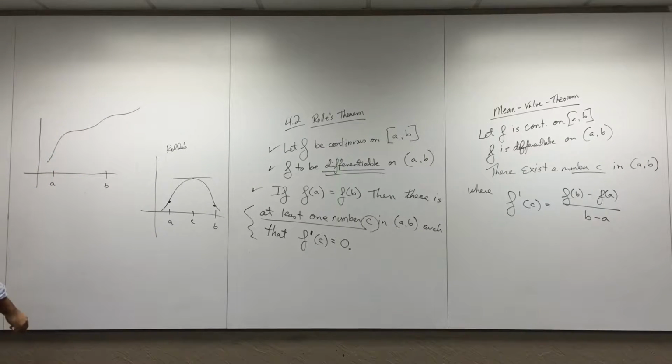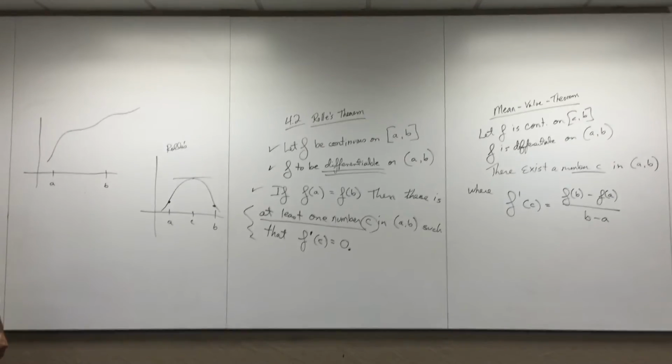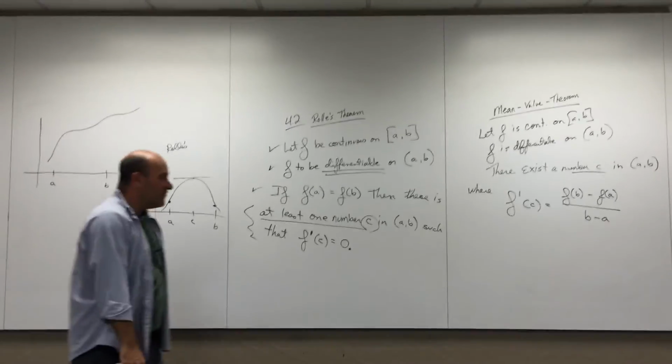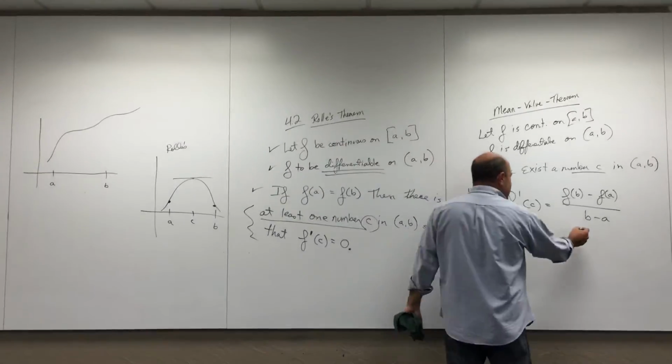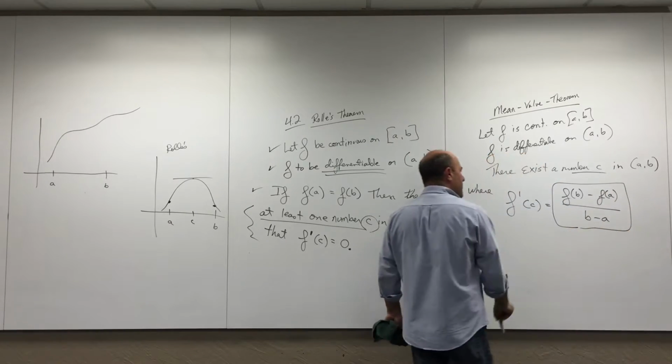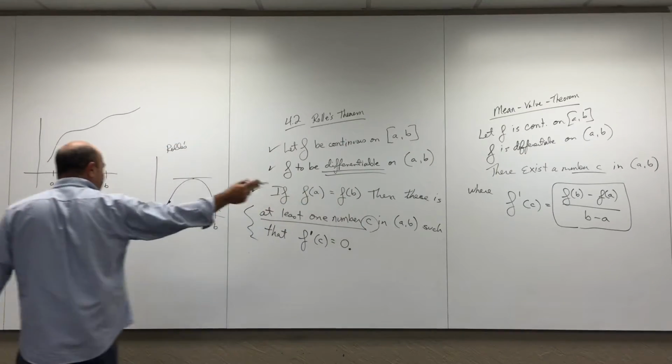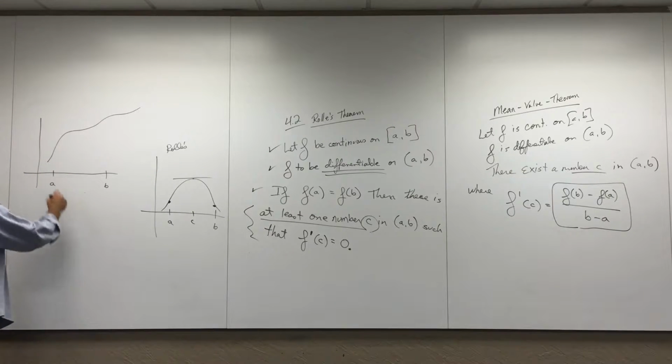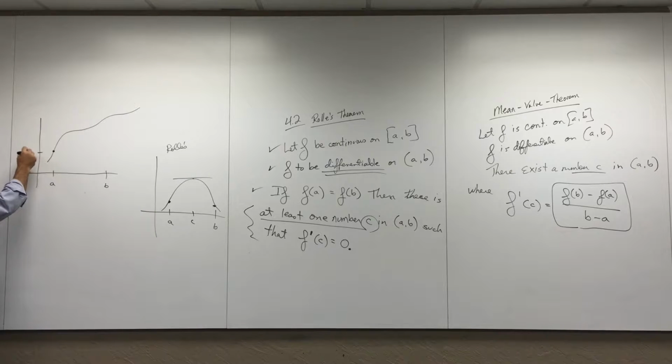And then what does it say? First of all, what does this say? Does that look like anything to you? Here, by the way, this is A. Here's f of A, that y value.